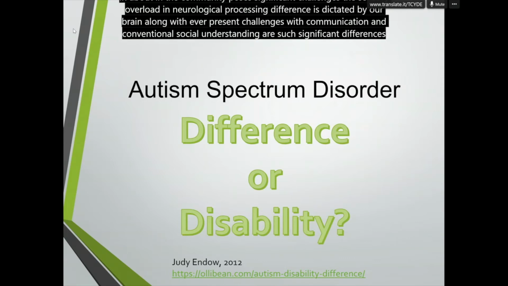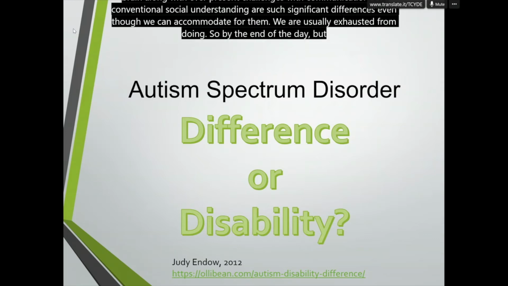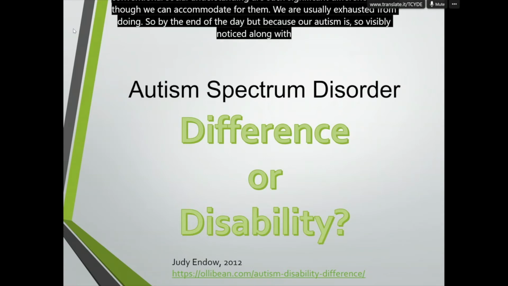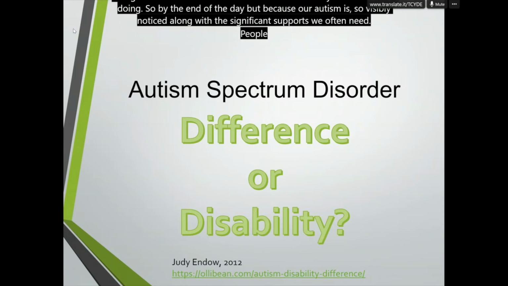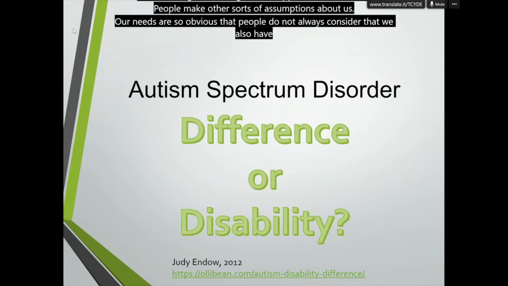Even though we can accommodate for them, we are usually exhausted from doing so by the end of the day. But because our autism is so visibly noticed, along with the significant supports we often need, people make other sorts of assumptions about us. Our needs are so obvious that people do not always consider that we also have strengths and abilities along with likes and dislikes.